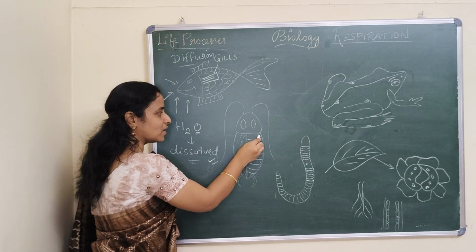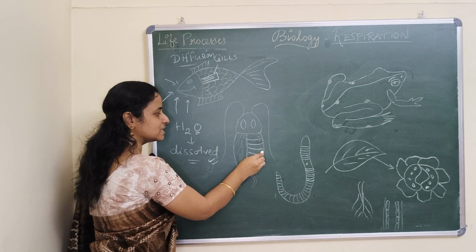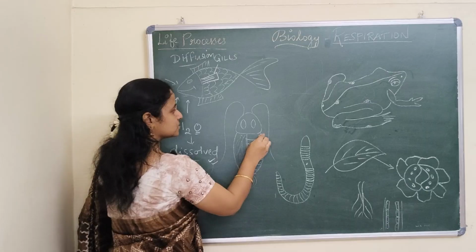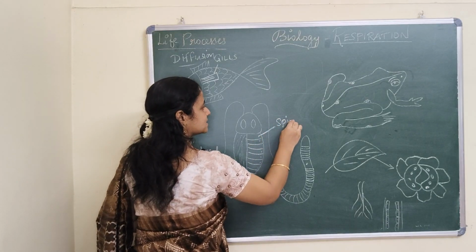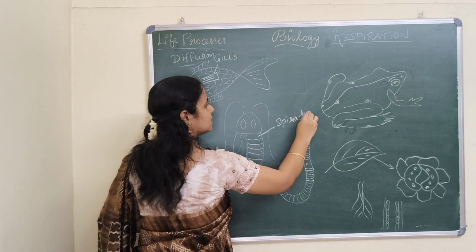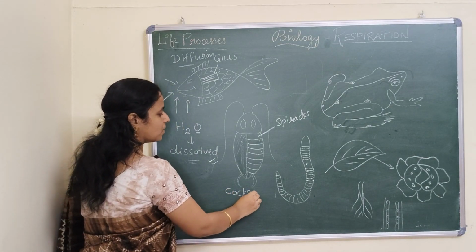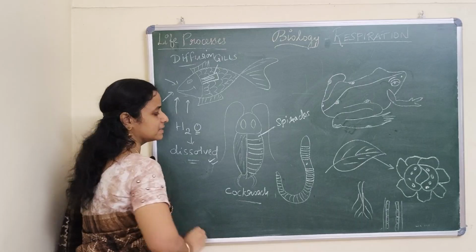Coming to the next, cockroach. Can you see the dotted structures here? I think you could have seen these dotted structures in cockroach. These structures are called spiracles. So the respiratory organ of cockroach is spiracles.